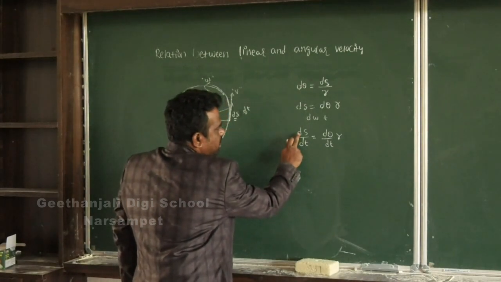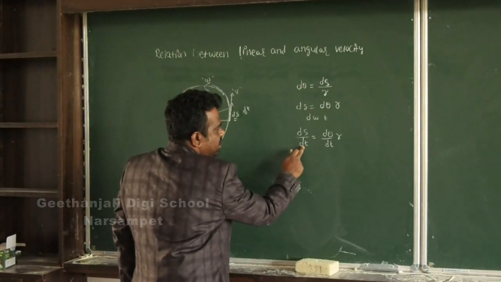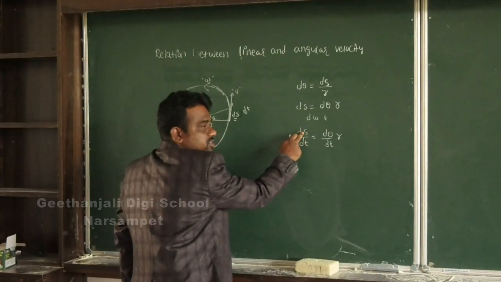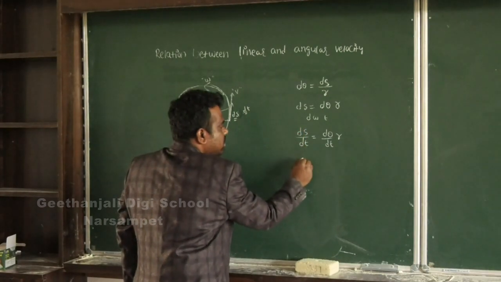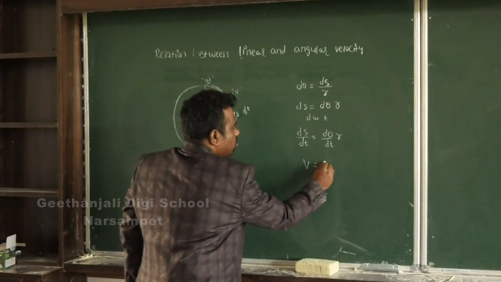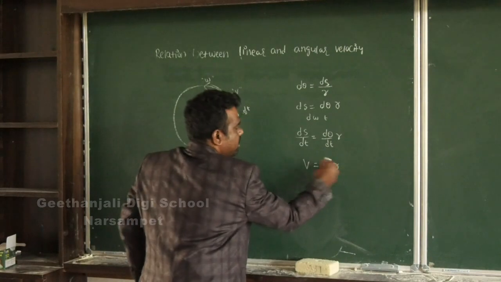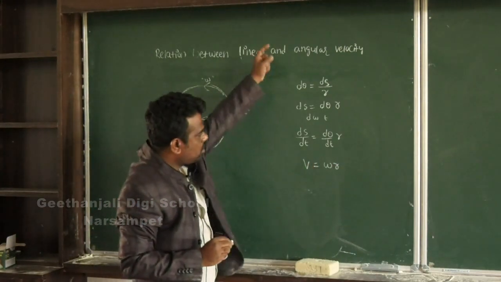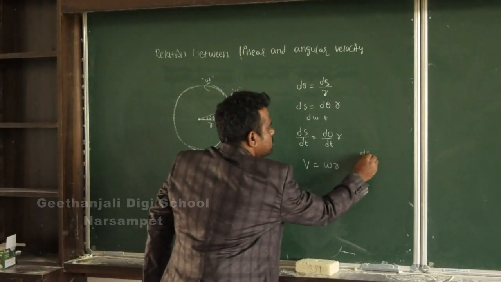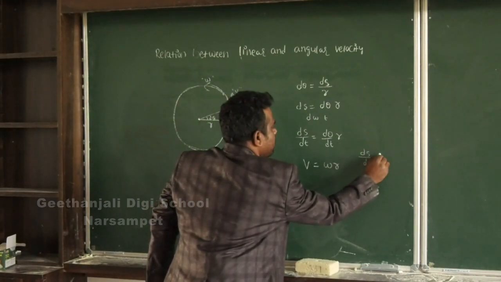Now we know ds by dt is the rate of change of distance. This is called speed v, equals omega into r. So d theta by dt is omega and ds by dt is equal to v.